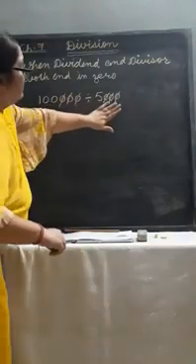Dividend has 5 zeros, divisor has only 3. So we can remove 3 zeros from dividend and divisor. The rest of the number is 100 divided by 5. When we divide 100 by 5, we will get our answer.